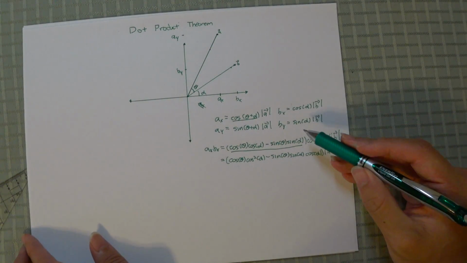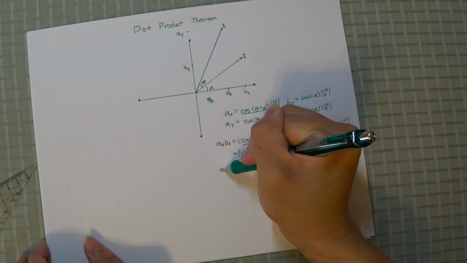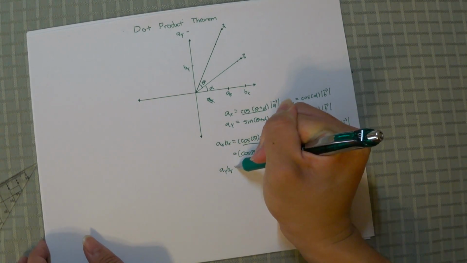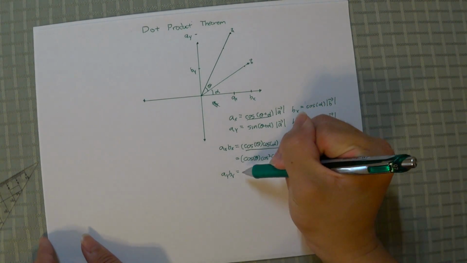And then we do the same thing for AY times BY. So AY times BY is equal to, you expand sine theta too.